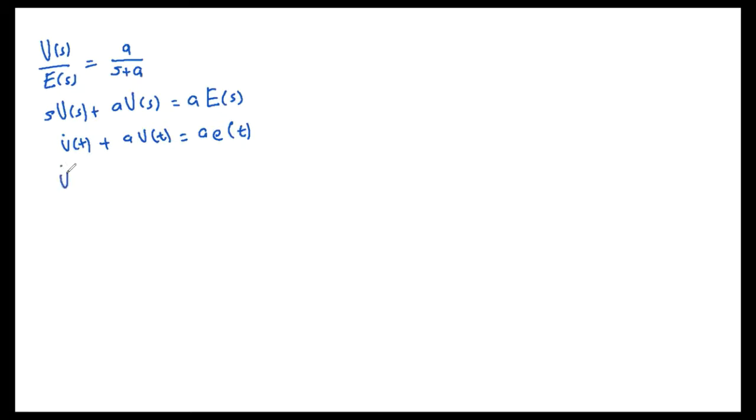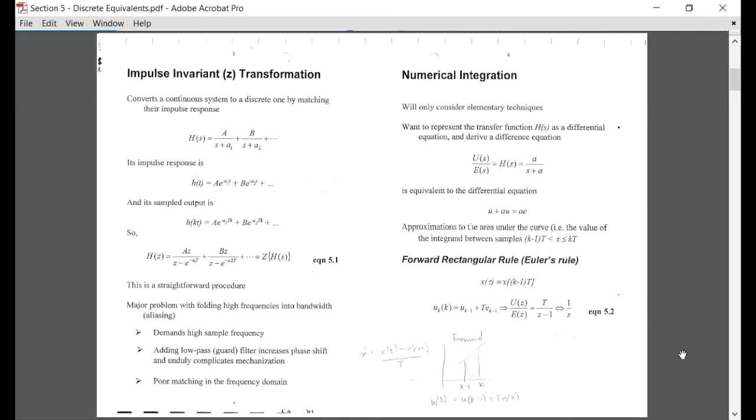So we will get u dot of kT plus a times u of kT equal to a times e of kT. So that's how we got this equation.